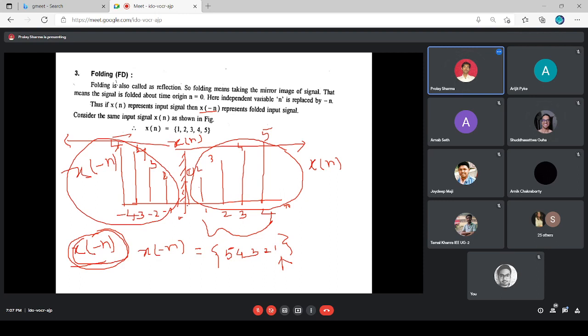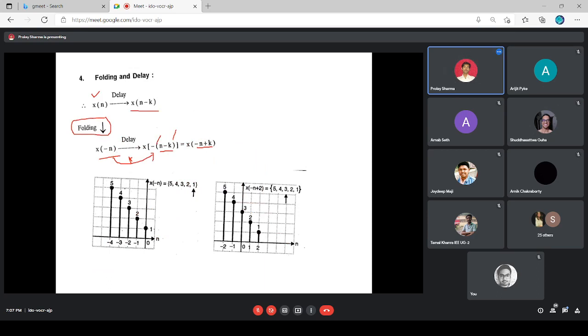The signal representation will be changed. We will see how the folded signal is used to get different kinds of calculations.